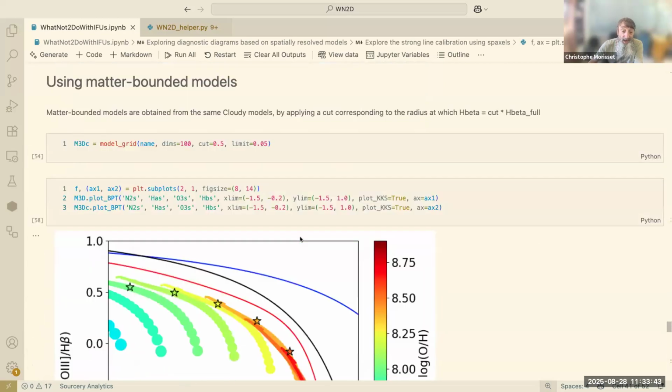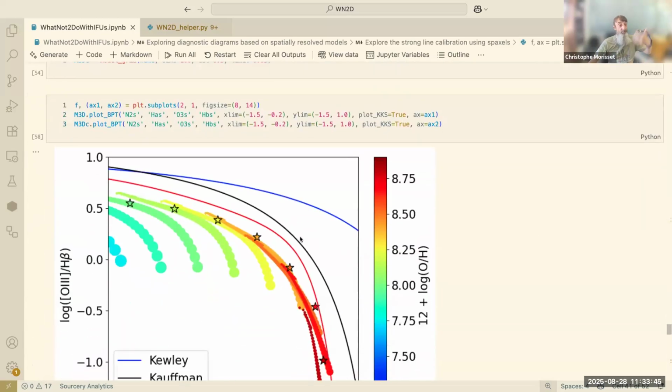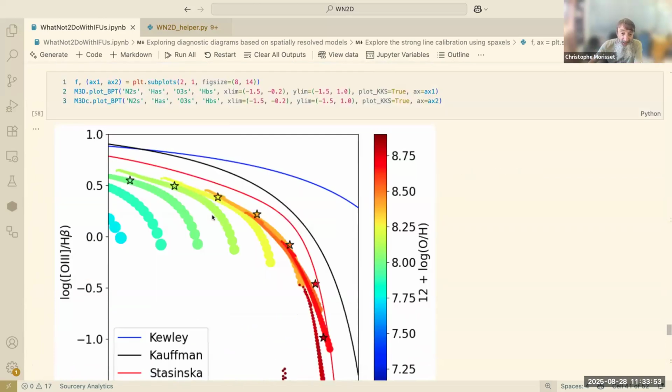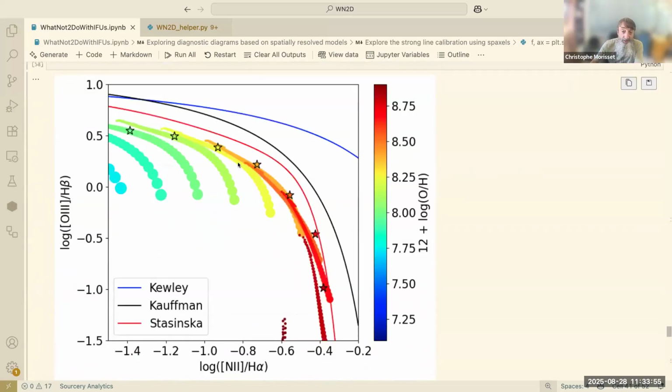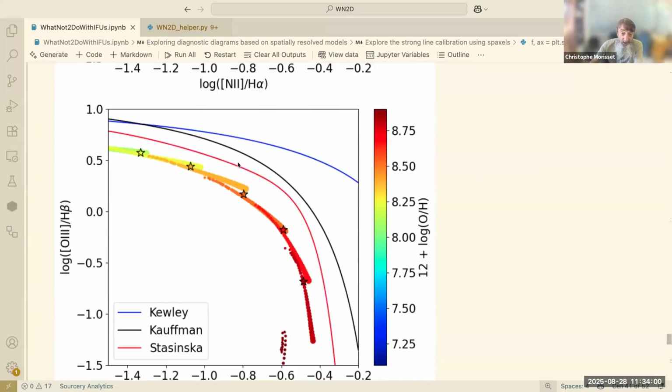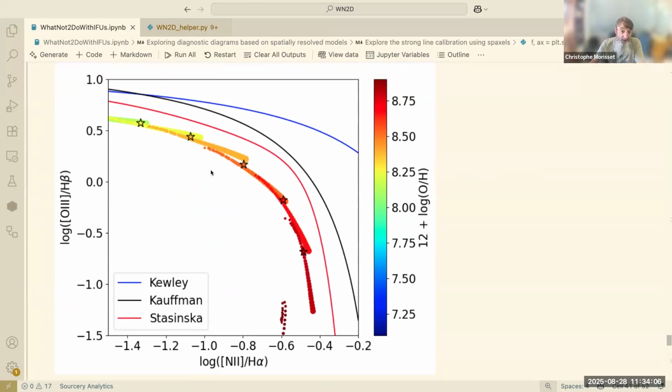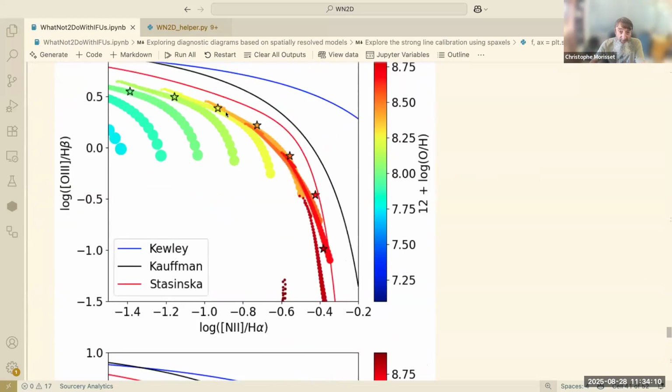Okay. And I also have the possibility to cut my models, so use matter bounded models from the grid. So I cut the model at half their size. Okay, so this is the previously shown grid of models, and this is the one with cut models, so matter bounded models. They seem to be the same, but look, here is the yellow guy, and it was there before.